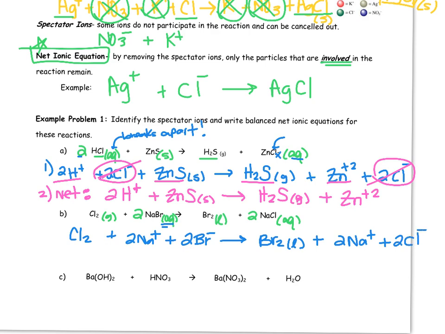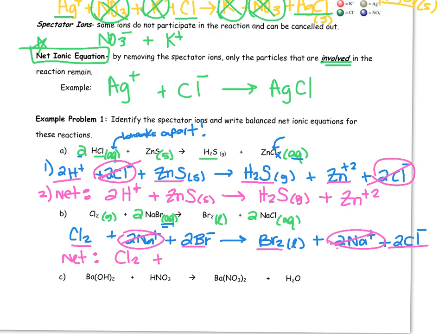So when we look back at what's left, right? Well, we know that the chlorine and the bromine are the main things, right? So we need to keep the bromine ions, we need to keep the chlorine ions. The sodium is not changing. Those are my spectators. So we're going to eliminate them, and we're going to write the net ionic equation. So the net would be what's left.